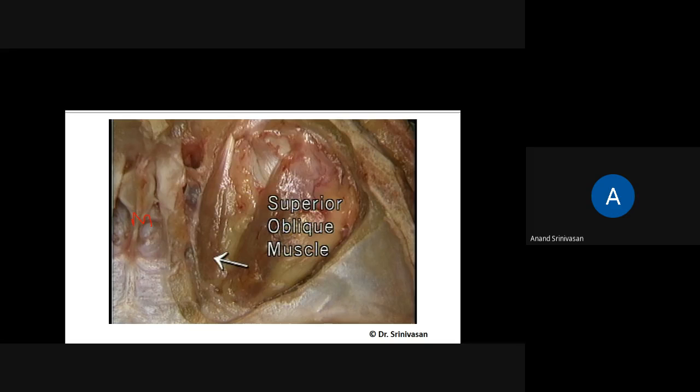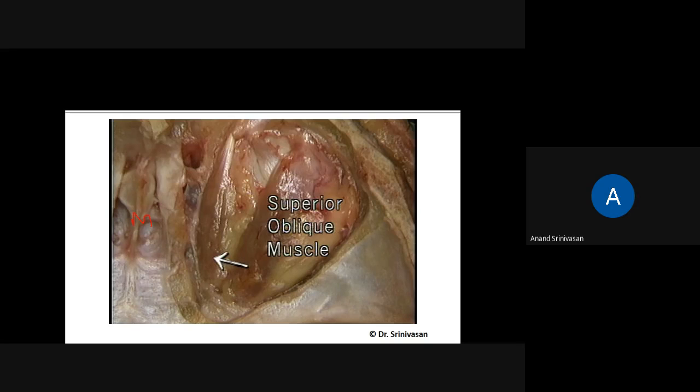Say, for example, you are walking down the stairs with your head straight, not bending your neck.